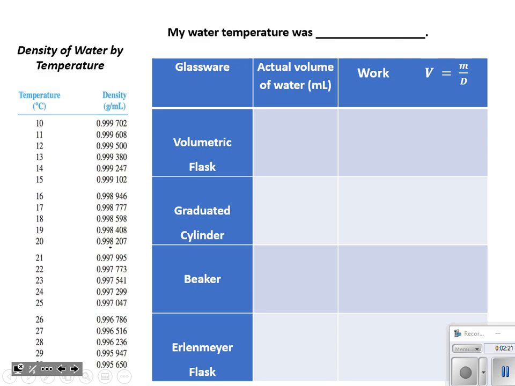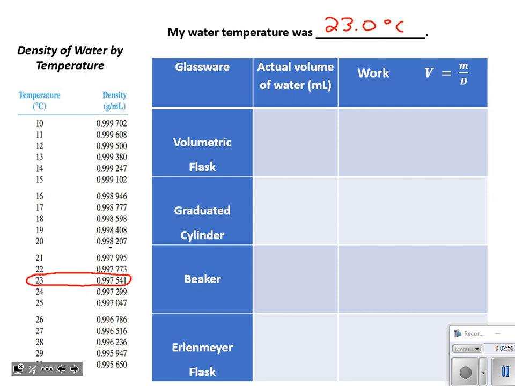We had an actual volume of water that we needed to calculate. As I'm looking at the data here, I see that my temperature was 23.0 degrees Celsius. So with that value, 23, that means that right here is the density that I'm going to be using for my calculation.